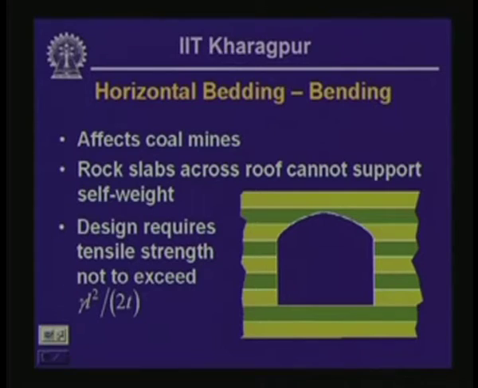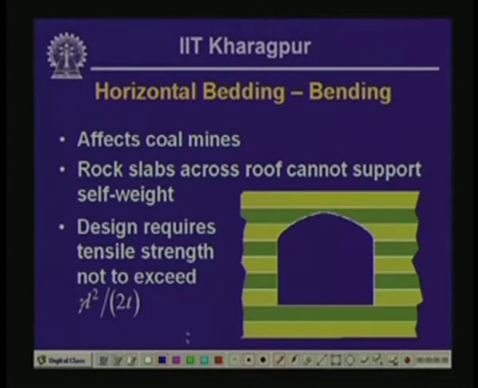Here what you see is that the thickness of the rock slab, which is supposed to self support its weight, has reduced considerably over the thickness of the bedding originally.